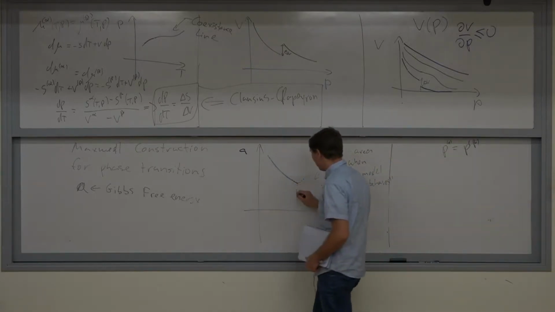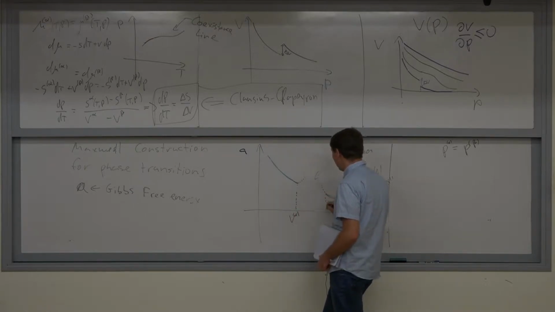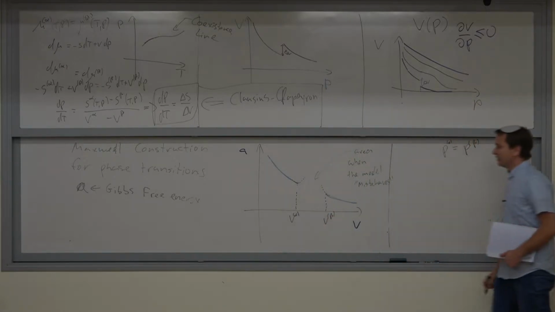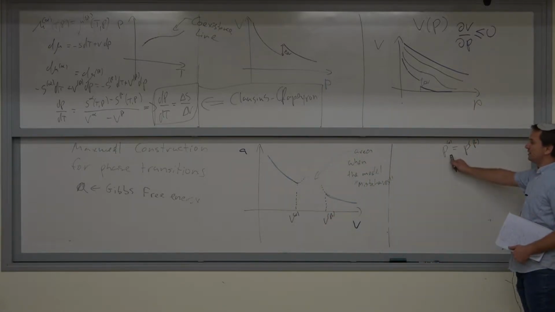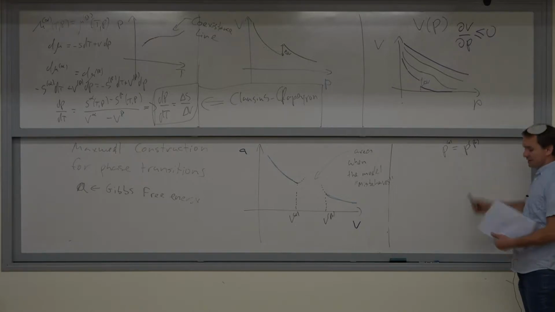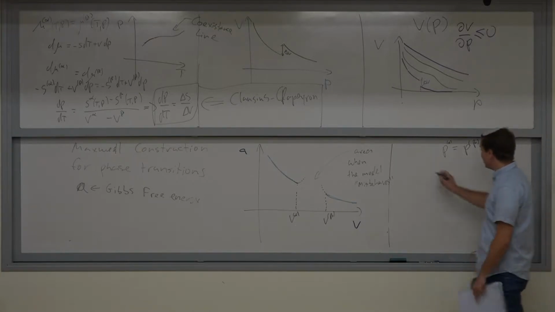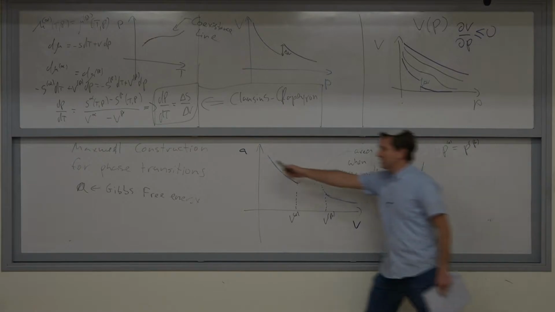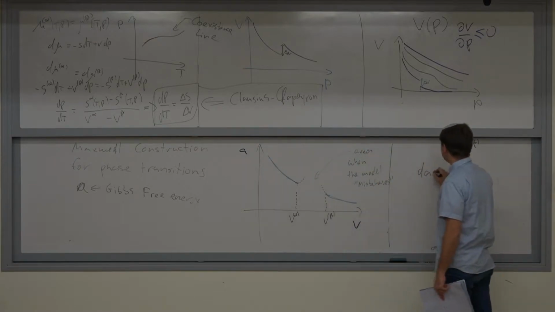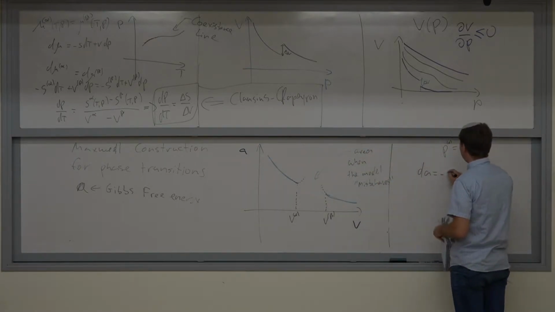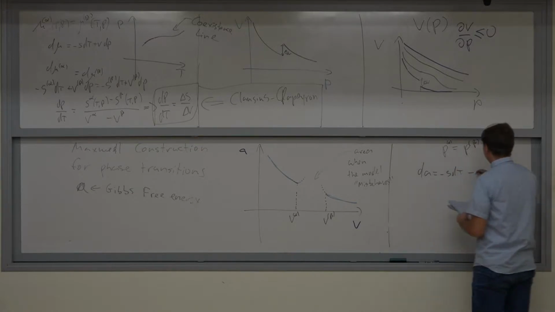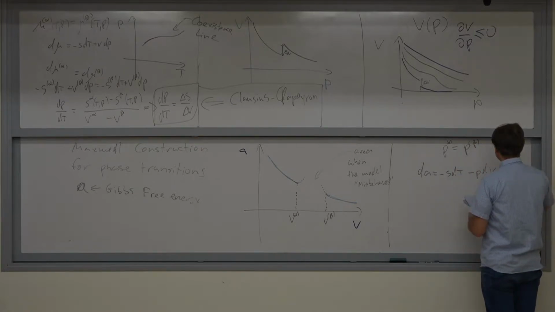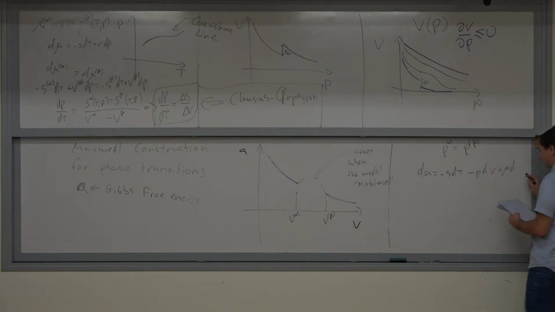So here I have a volume V alpha, and here I have a volume V beta. I know that exactly at the phase transition, the pressures are exactly the same. What is the differential of the free energy, this is A?